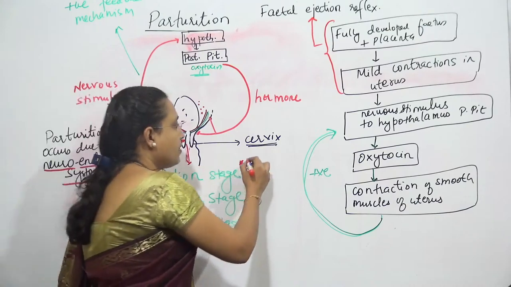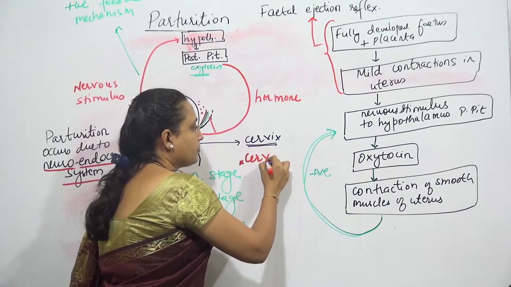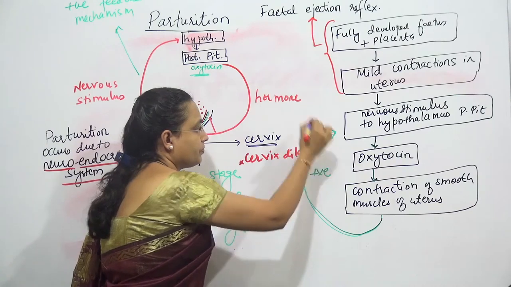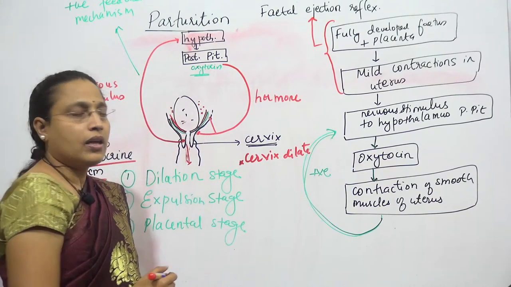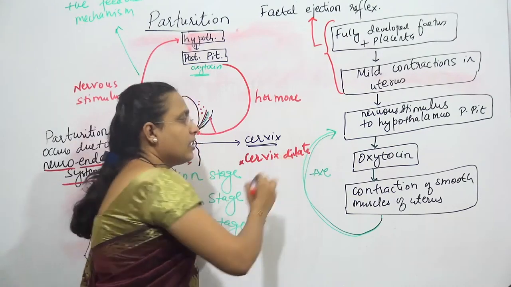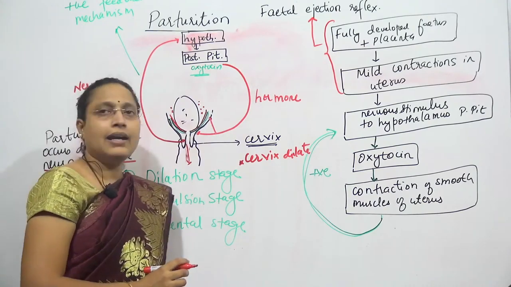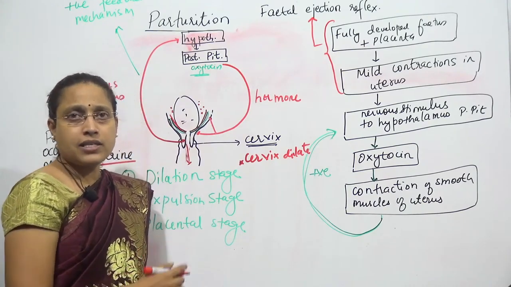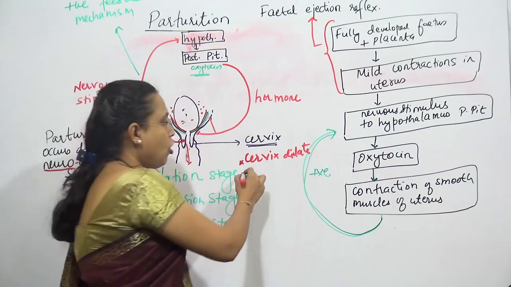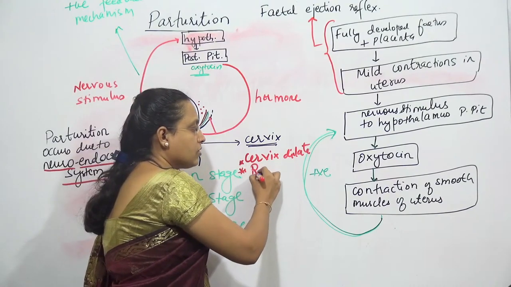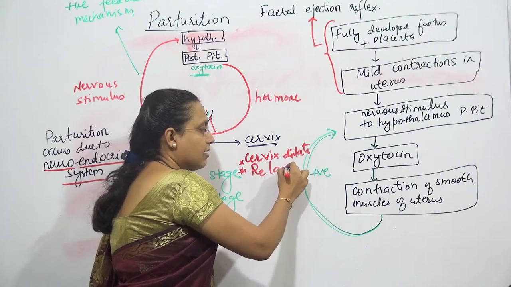So the cervix dilates during the dilation stage, due to a hormone released by the placenta itself, called relaxin.